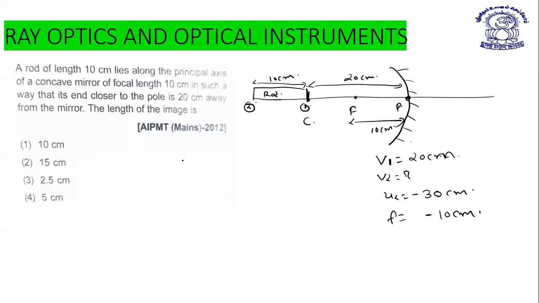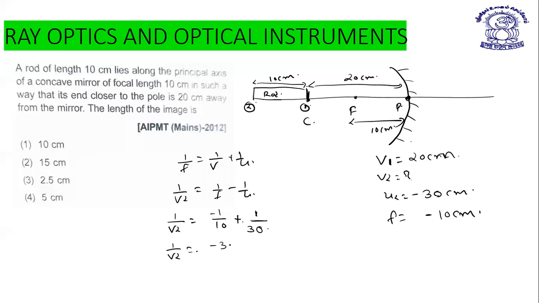We can use the mirror formula: 1 by F is equal to 1 by V plus 1 by U. So 1 by V2 will be equal to 1 by F minus 1 by U. 1 by V2 will be equal to minus 1 by 10 plus 1 by 30, that is minus 3 plus 1 divided by 30. So V2 will be equal to minus 15 centimeter.